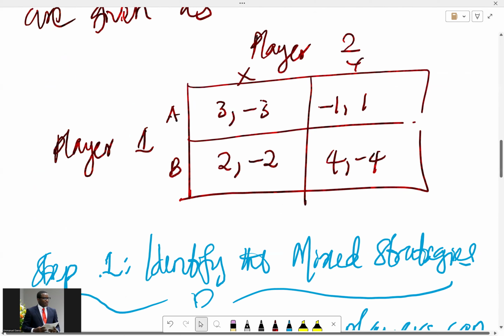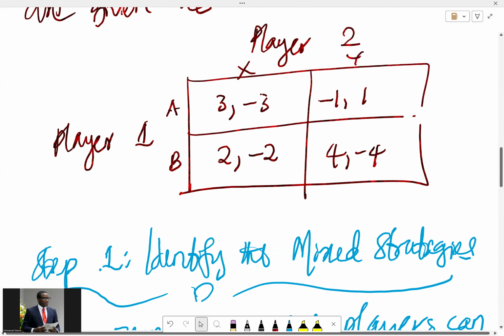So you see, for player one, we have probability of getting these three. So we have three, these three here, and then we have this 3Q, then plus this minus 1.